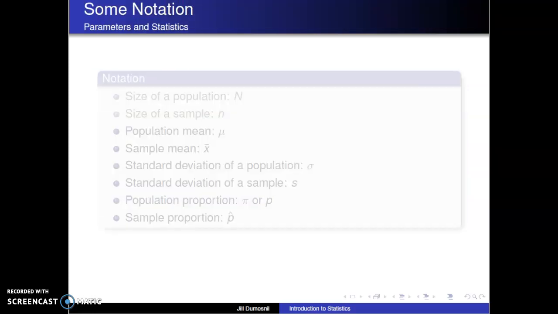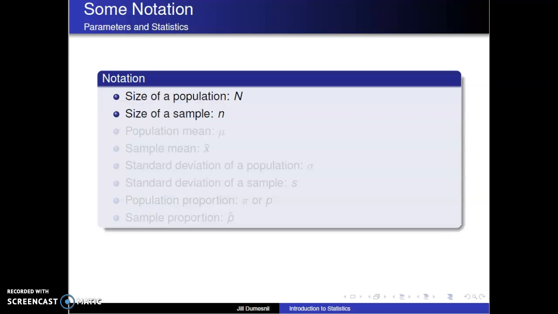We also have specific notation for some commonly considered parameters in statistics. We use a capital letter N for the number of individuals in a population, and we use a lowercase n for the number of individuals in a sample. We use a lowercase Greek mu for a population mean, and we use x bar for a sample mean.